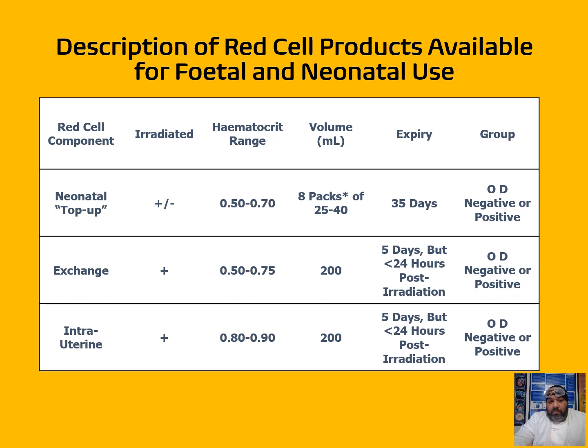So on this table here, I've got an outline of particular indices. So there's red cell components, there's irradiated, there's a hematocrit range, there's the volume, and then there's expiry, and then there's a group relating to the blood group.